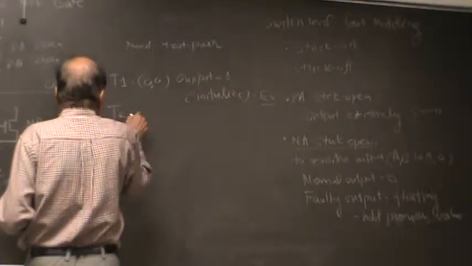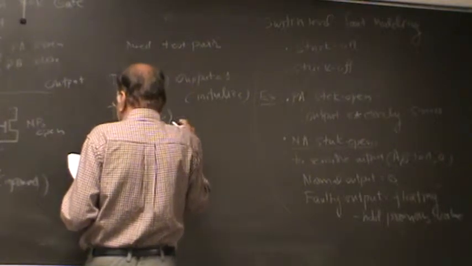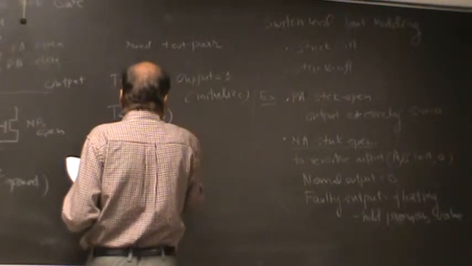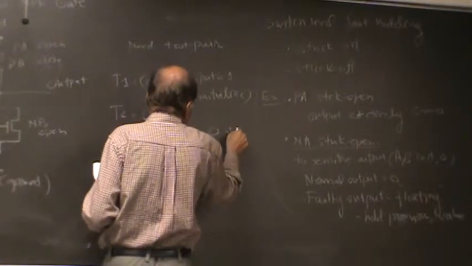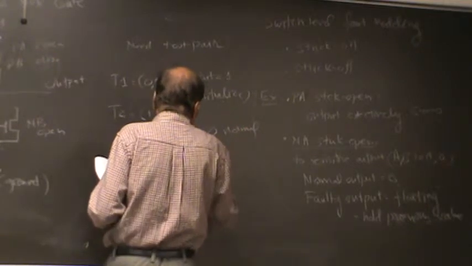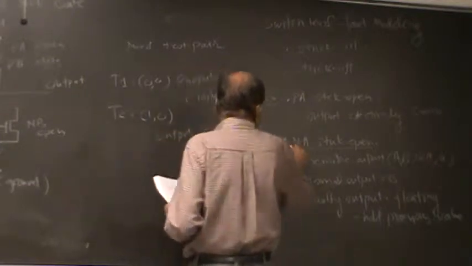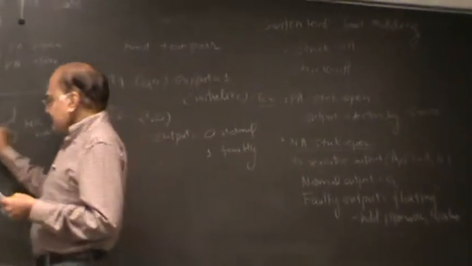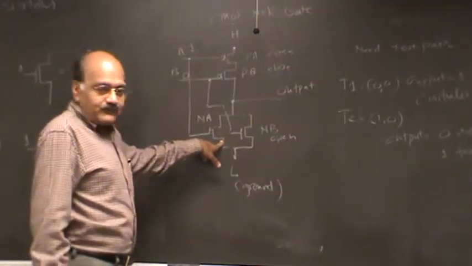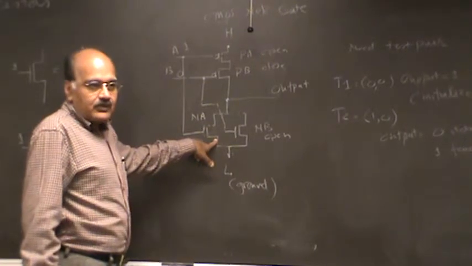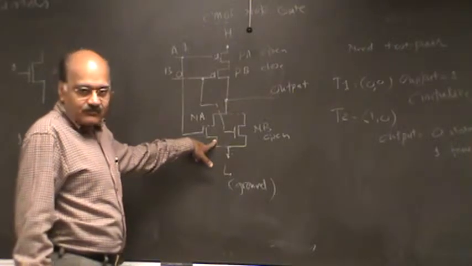Test 2 is going to be 1, 0, and in this case the output is going to be 0 if it is normal, and 1 if it is faulty. This is the fault we are considering, this stuck open. So if you apply this pair of vectors, you have a way of testing for this stuck open fault.